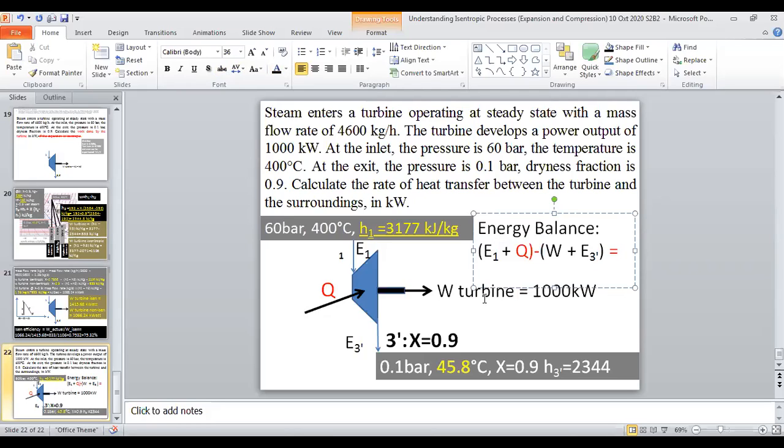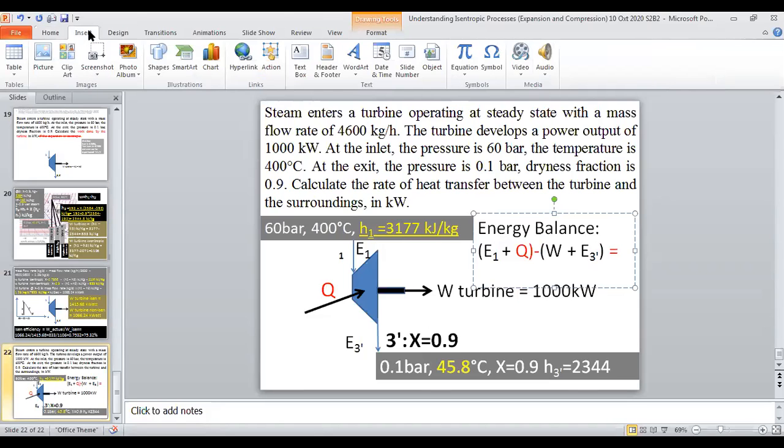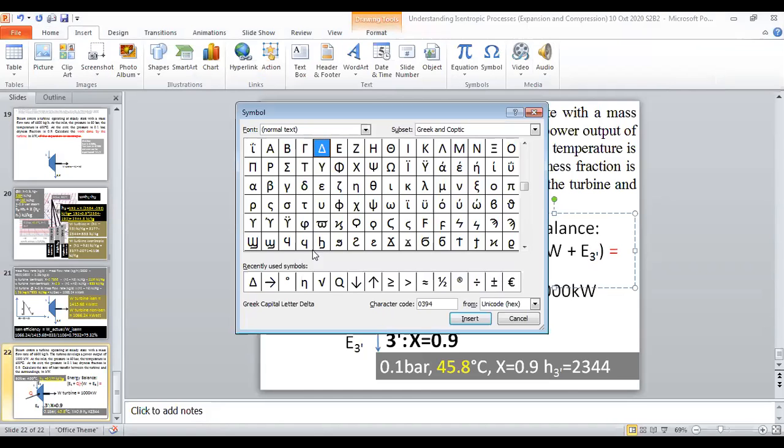This is the increase, the rise, because energy comes in, goes out, and there is a balance.